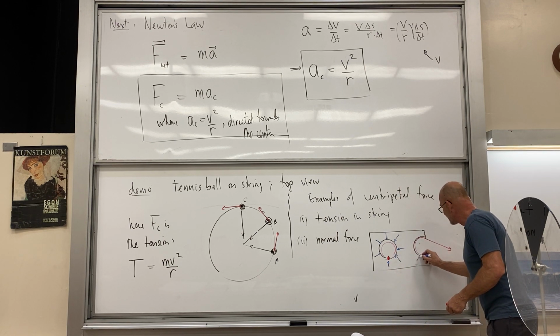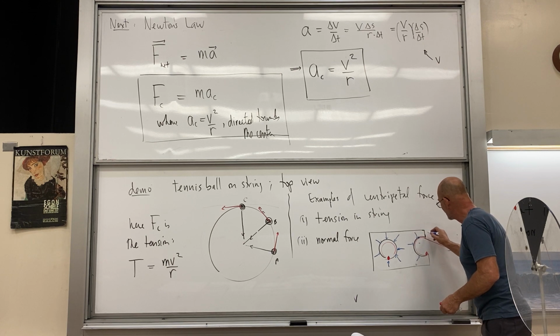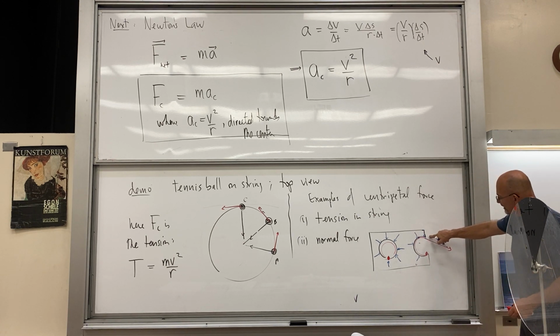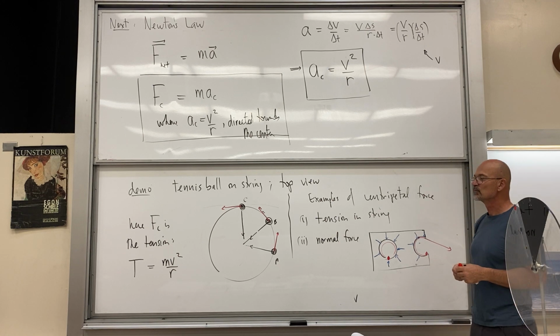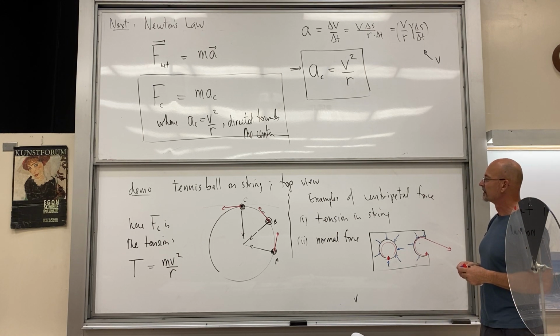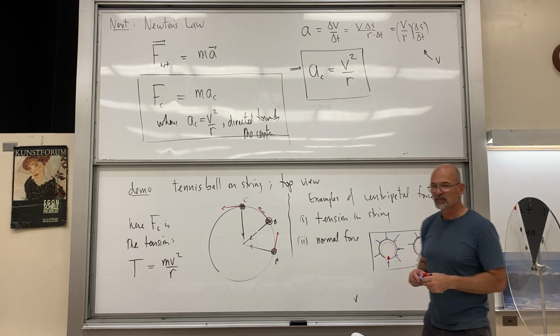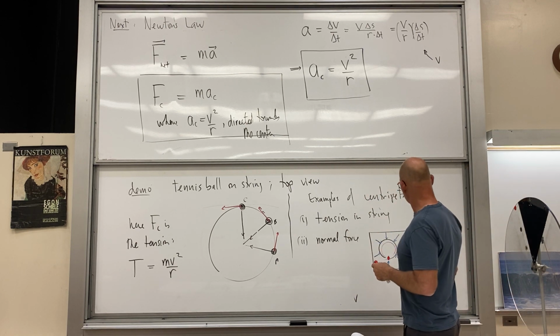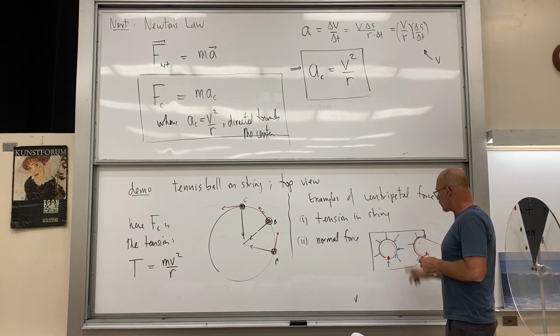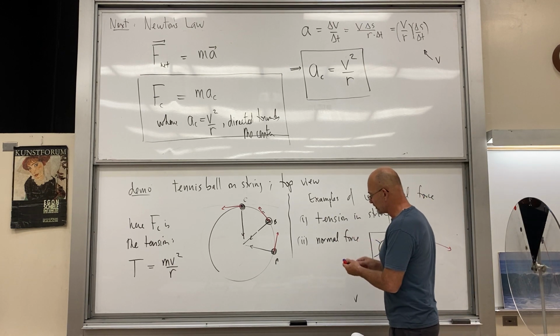Here, you've got a normal force until you have no force at all, and it just leaves in a straight line. Conceivably, I could bring this in next time, but I'm kind of limited to this setup right here. So normal force, tension in the string.